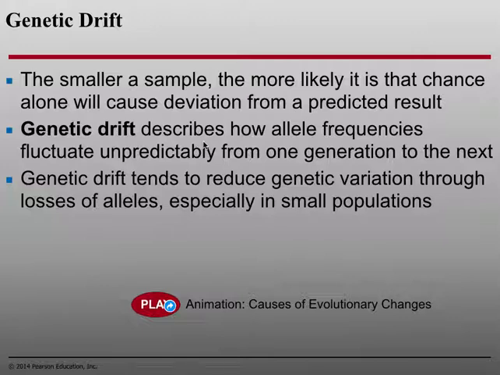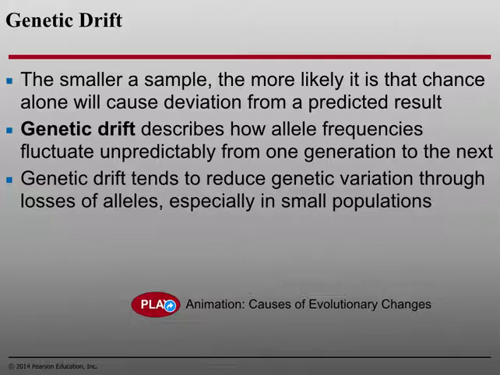Genetic drift is a little bit different in that you have to have a small sample, a small population. Randomly, the genes will increase or decrease over time. And this is completely random, it's unpredictable, and that frequency fluctuation from generation to generation will change what the population looks like.